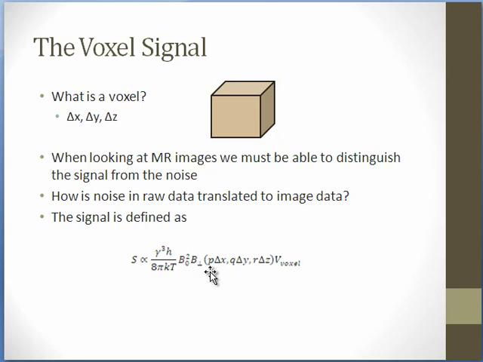And these integers, p, q, and r, are just saying where in the image you are in x, where you are in the y direction, and where you are in the z direction. So that's just showing you some spatial dependence on the receive field. And this is all multiplied by the volume of the voxel.